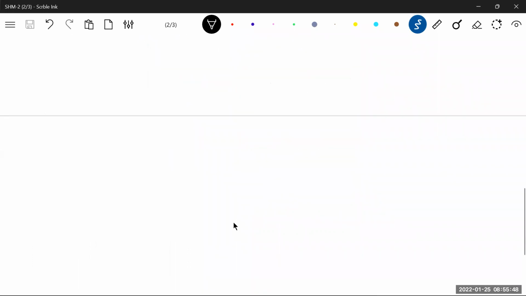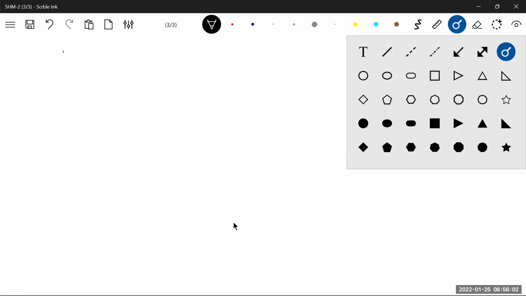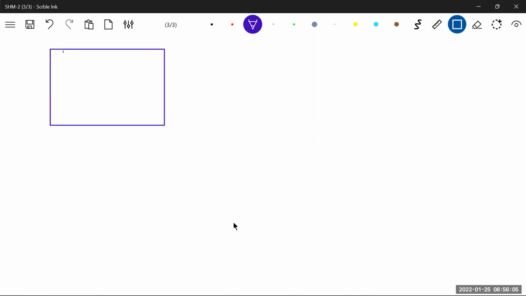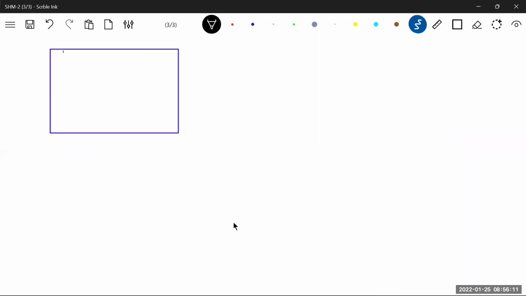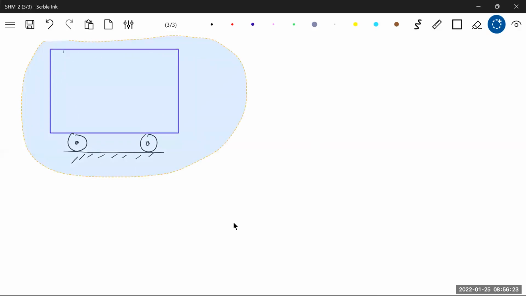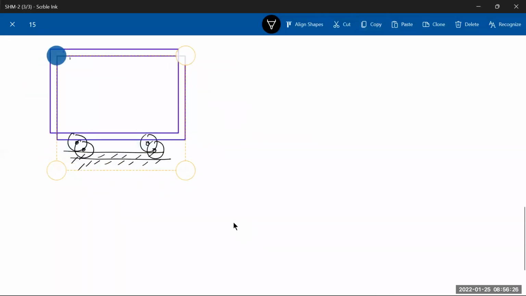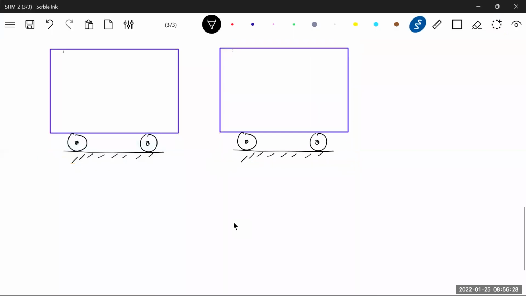We'll take the accelerating case. If there's a trolley, initially let it be at rest, and let the trolley accelerate, then we'll see the conditions.